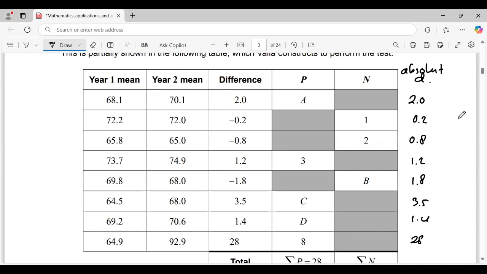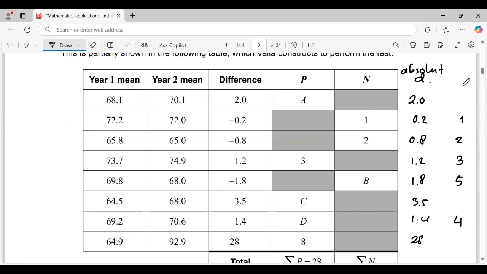Okay. Now we are going to rank this absolute difference. The smallest number is this one. According to this information, this is the second. And the third is this one. Okay. And after that, the fourth, 1.4. The fifth is 1.85.